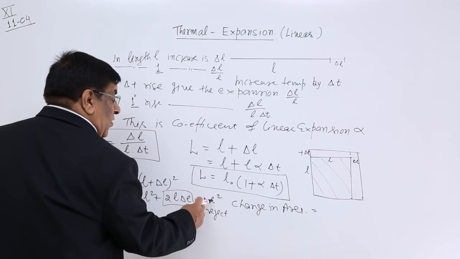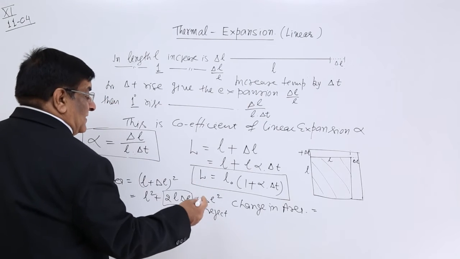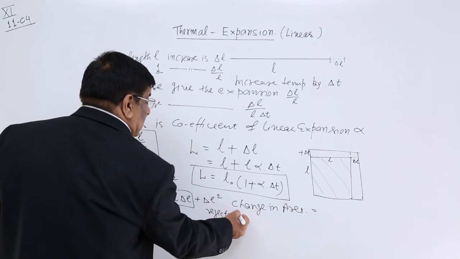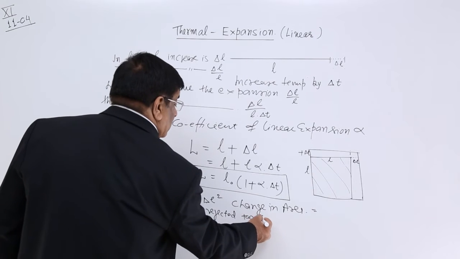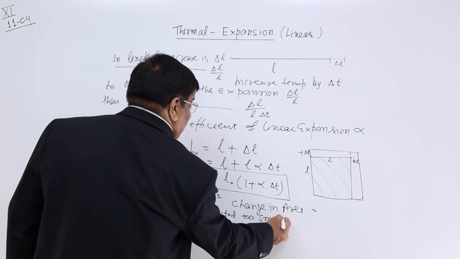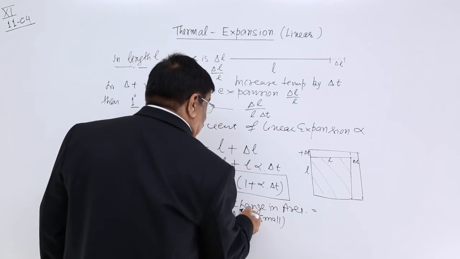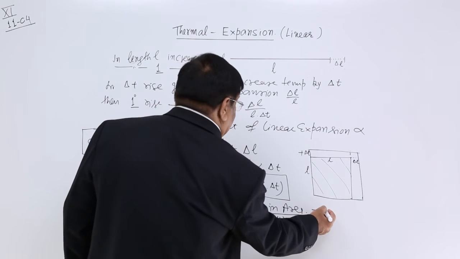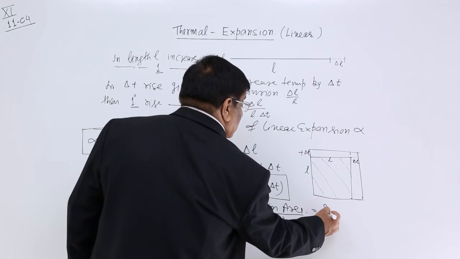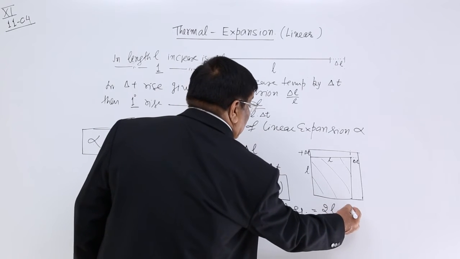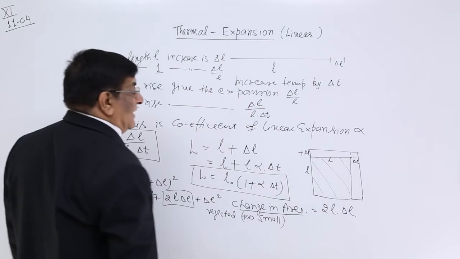Delta L is very small. Square of the delta L is further small. So this is rejected. Okay, so what is the change in area? Change in area is now 2L delta L.